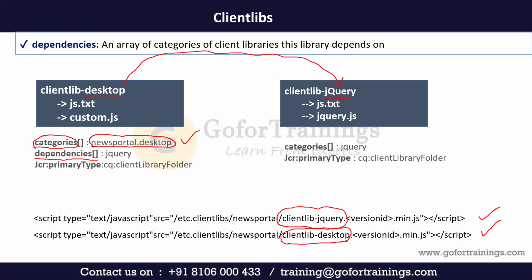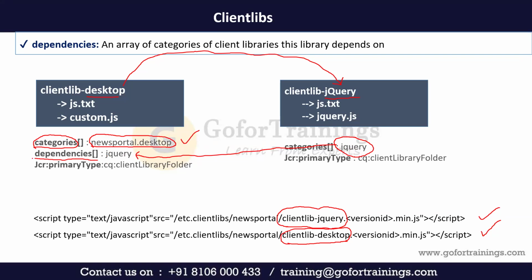The category value of clientlib-jQuery is jQuery. This value we have to mention in the dependencies property. Don't mention the folder name or client library name. Use this category value name in the dependencies property.